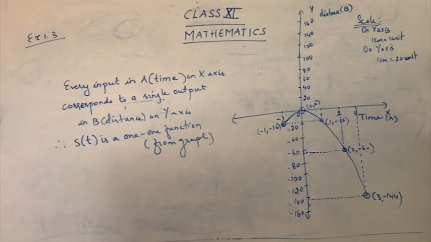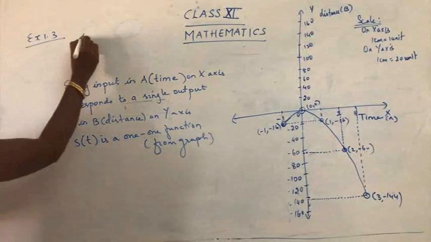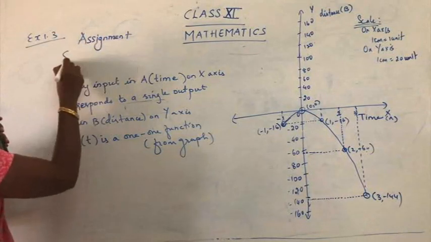The assignments are solved examples. Already we have taken the solved examples from 1.1 to 1.13, yes children? So 1.1 to 1.13 has been done. So now the next assignment is solved examples.